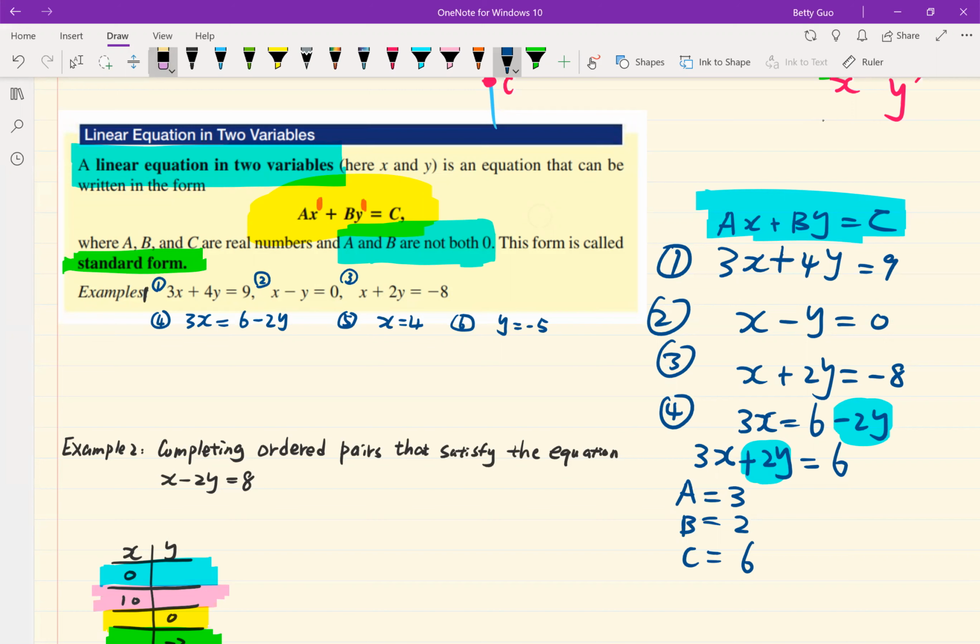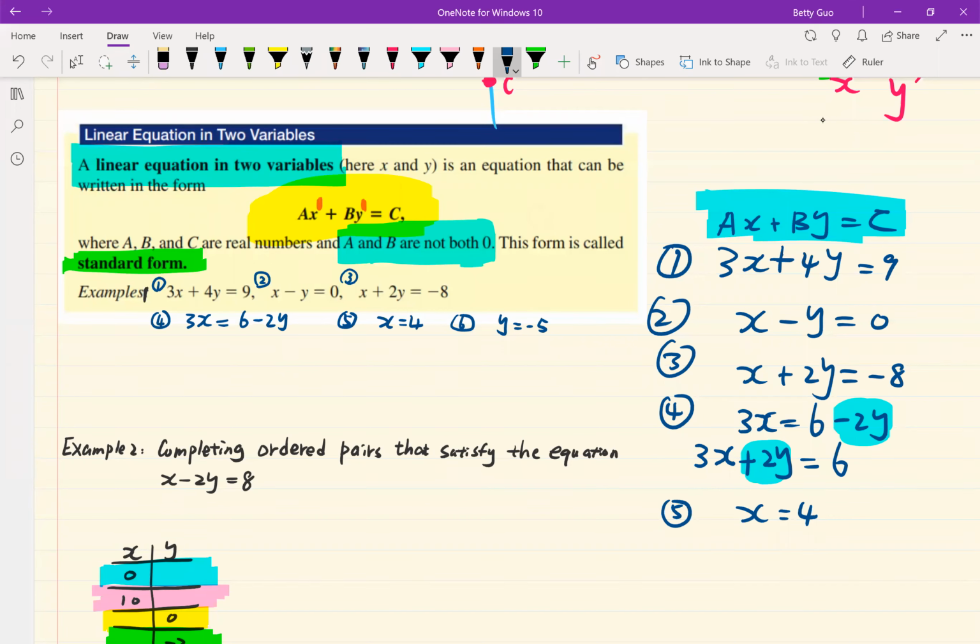Number 5, x equals 4. I believe your first reaction might be, well, this is not a linear equation in two variables because you only see one variable x.